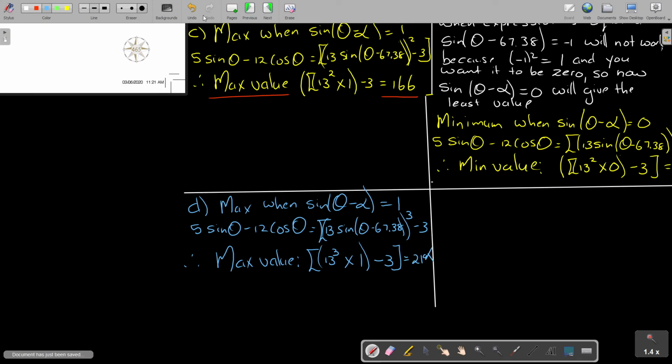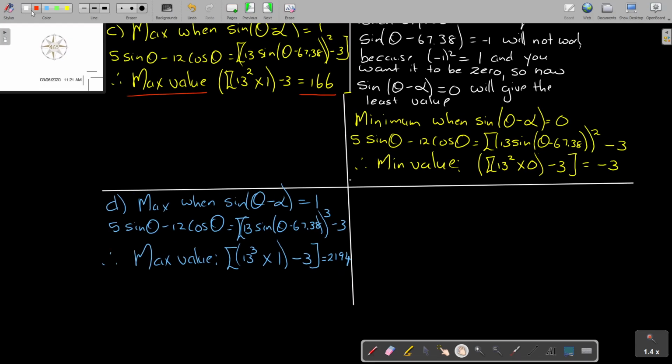Just going to rewrite it, it's a bit small. 2194. And again, as I forgot to write it here, this was your answer. The minimum value here was negative 3.